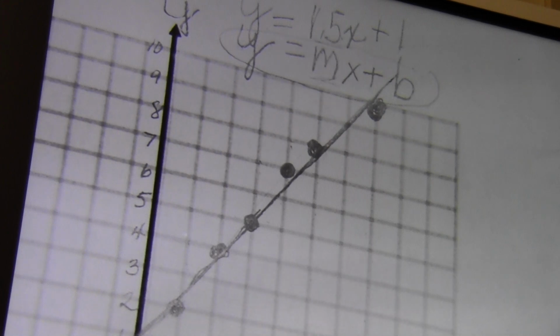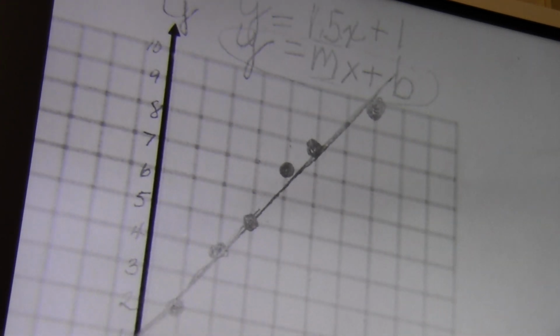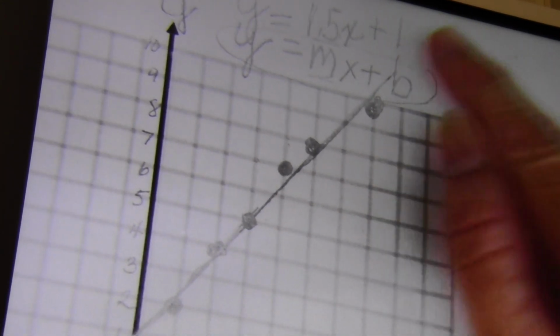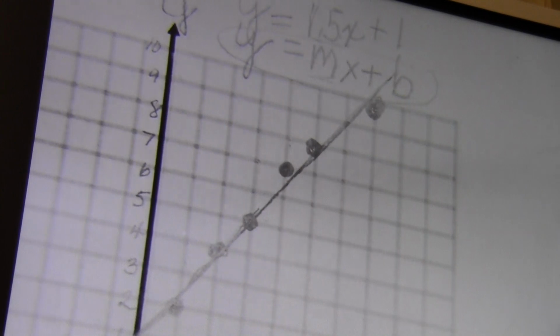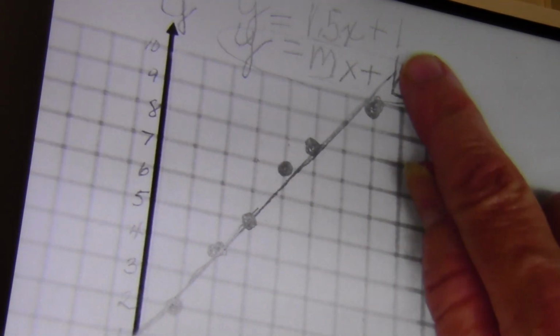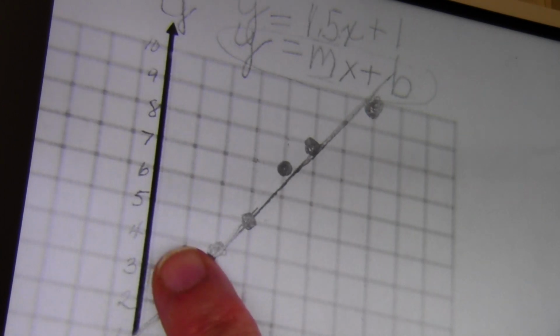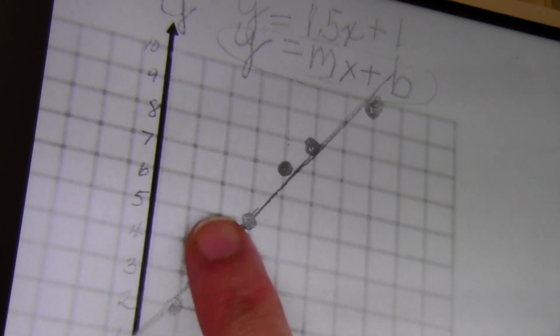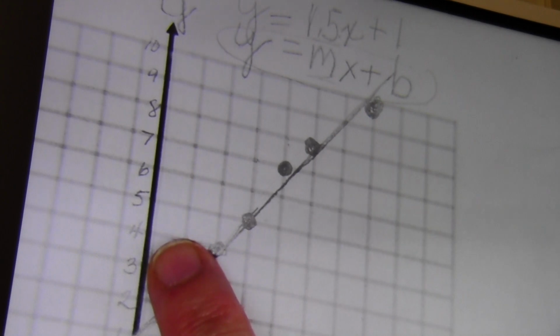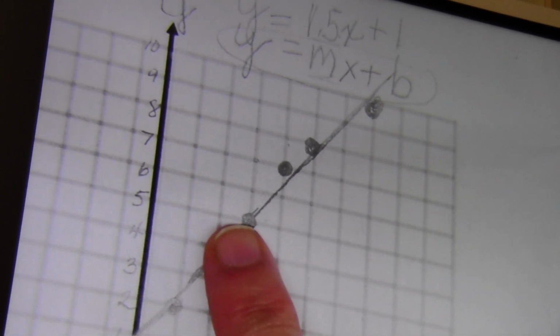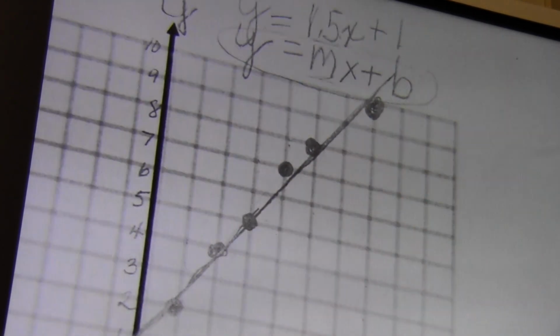I'm then going to look at my graph and say it's going to cross very close to 1. So my y-intercept, where the line intercepts the y-axis, is going to be 1. Following that, I notice that in order to get to the next point, I need to go up 2 over 1, up 1 over 1, up 2 over 1. In a line, that's always constant, or it should be. But this, again, remember, is an approximation.